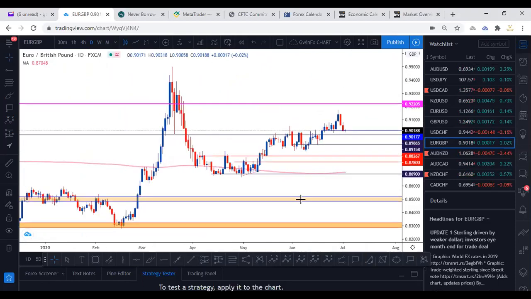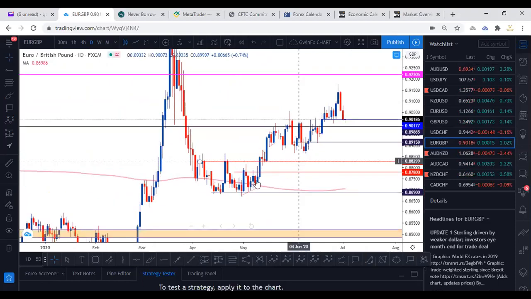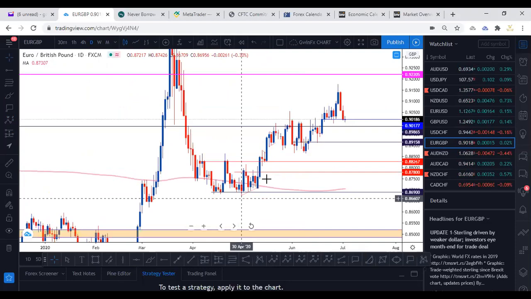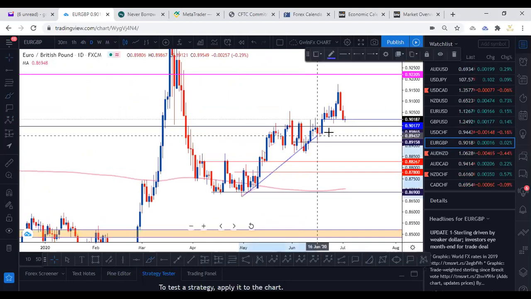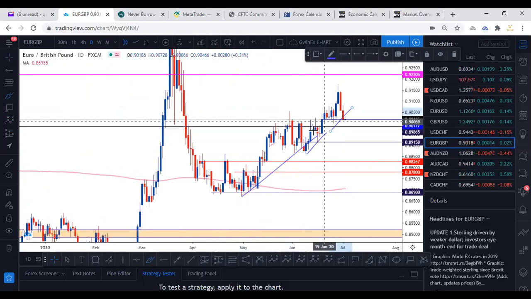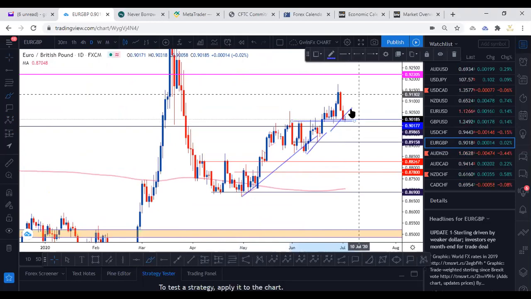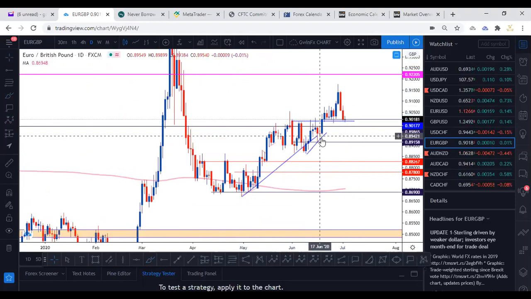Euro GBP, everything looks bullish. Friends, I just want to say look for buying opportunities on this one. Everything looks bullish, and we are around a very key structure. I would say look for only buys.